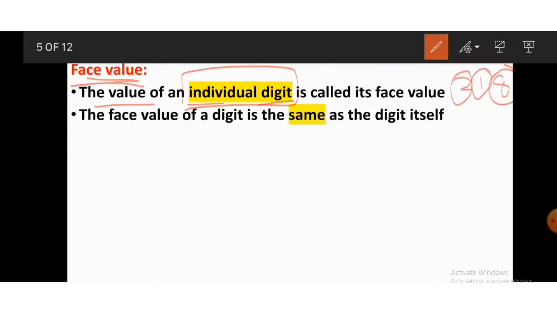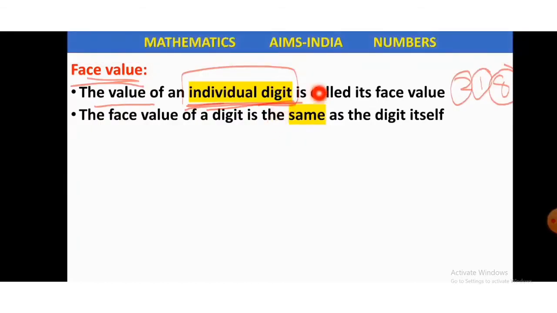The value of an individual digit is called its face value. 218 is a number.